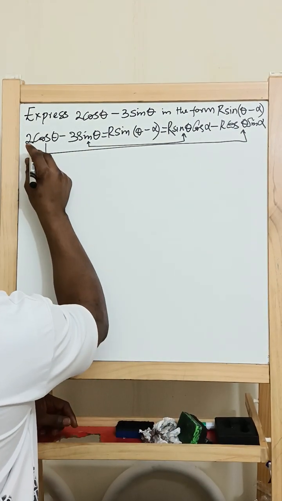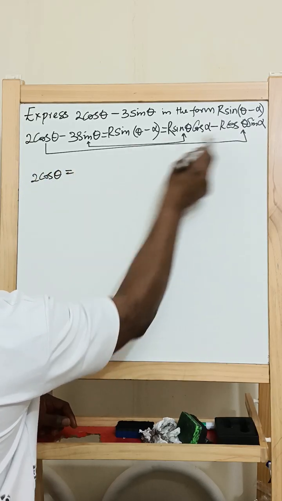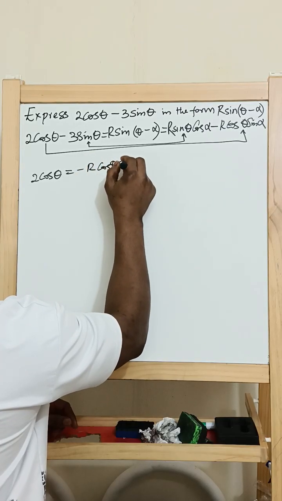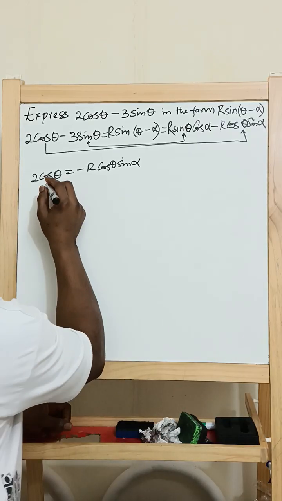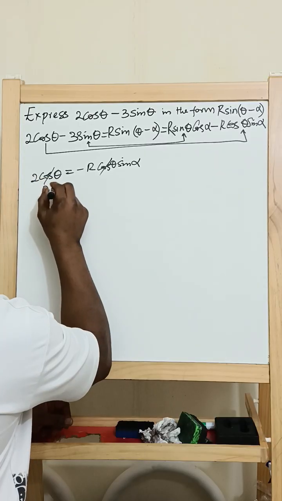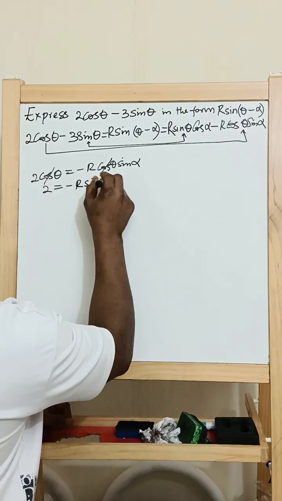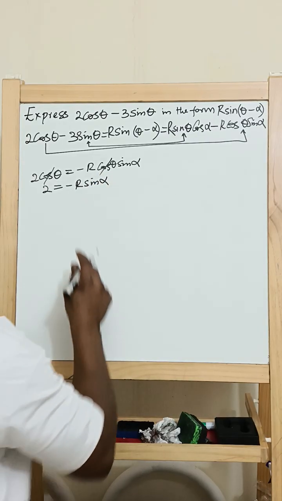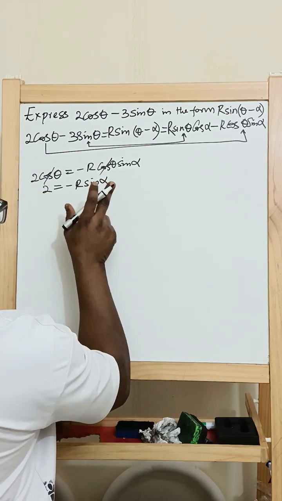So we have 2 cos theta is equal to minus r cos theta sin alpha. Cos theta is going to cut cos theta, so that means 2 is equal to minus r sin alpha.